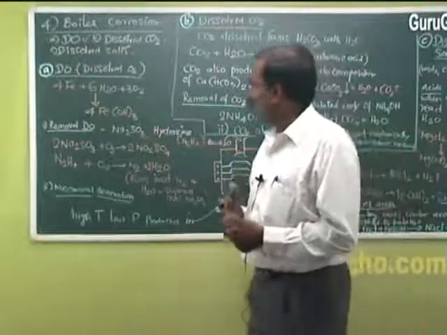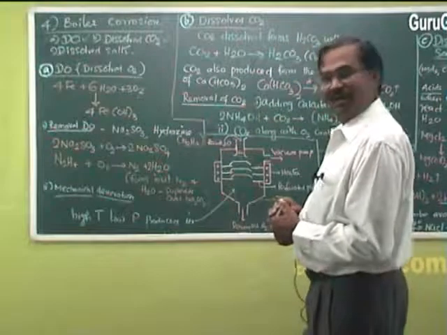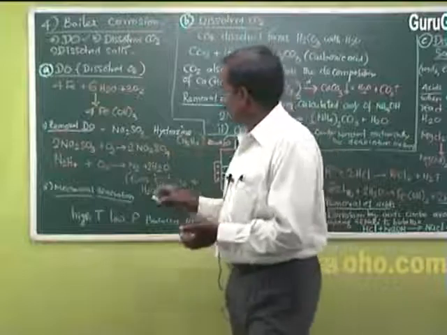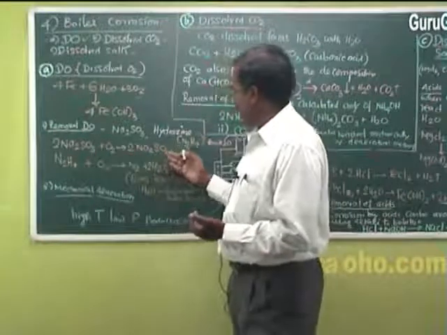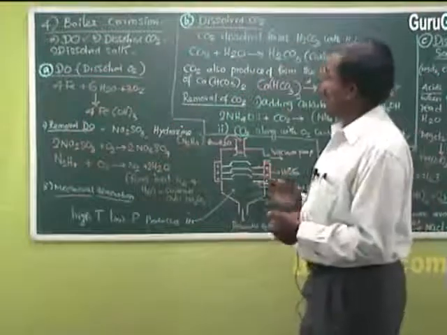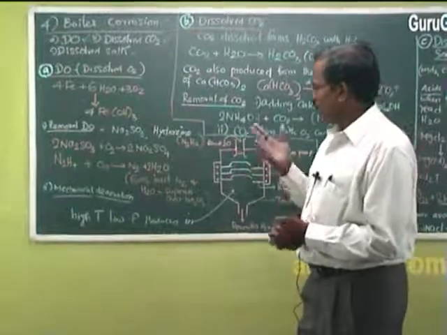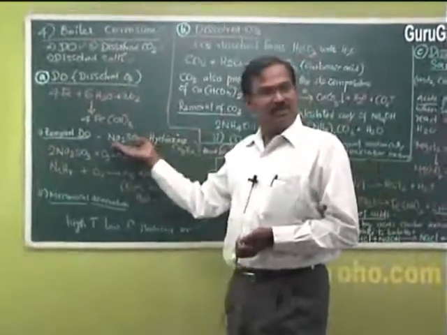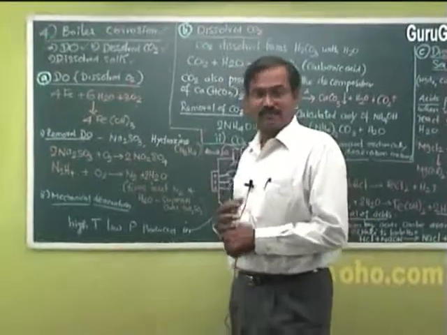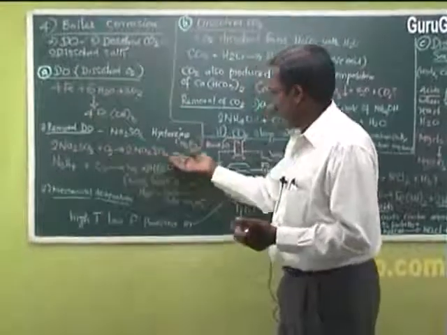So we have 2 methods for the removal of dissolved oxygen. One is chemical treatment and another one is mechanical deaeration. In chemical treatment, the boiler feed water is treated with sodium sulfite, which readily traps oxygen, forming sodium sulfate.